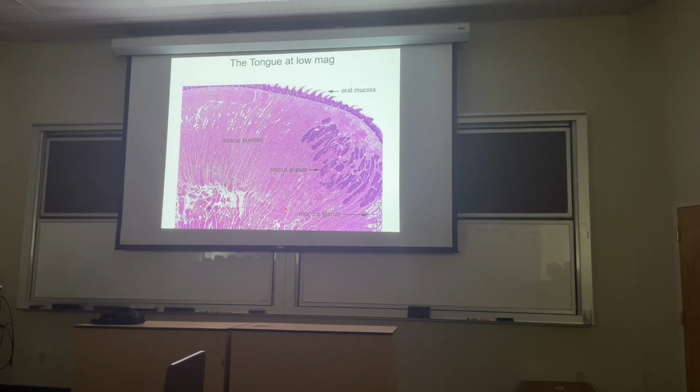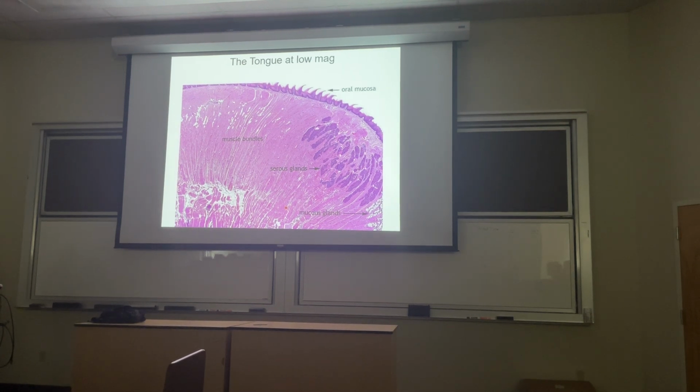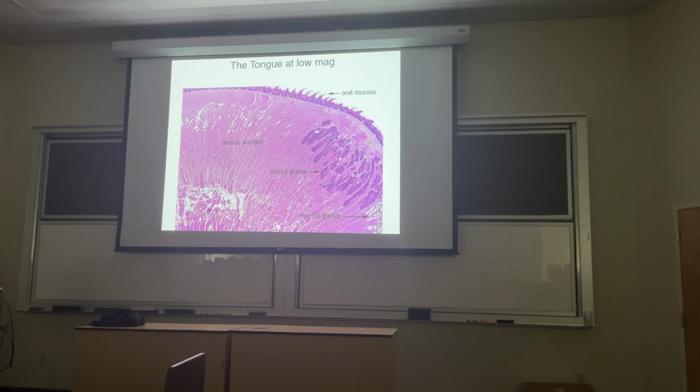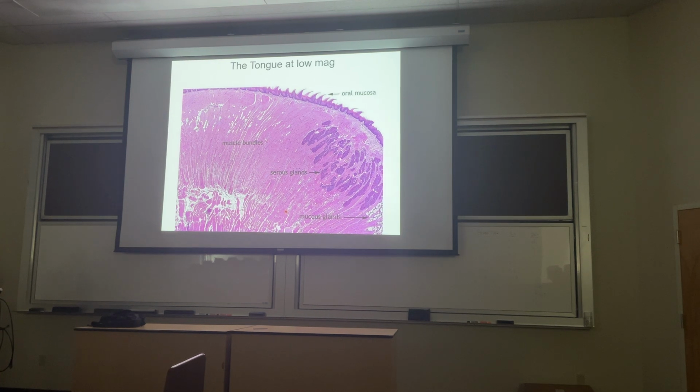Next, we move to the tongue. The tongue, of course, is very important for talking, for swallowing, for eating, drinking, all of these things. And it has a lot of skeletal muscle inside of it. You can really move your tongue around, and that, of course, is due to the skeletal muscle.